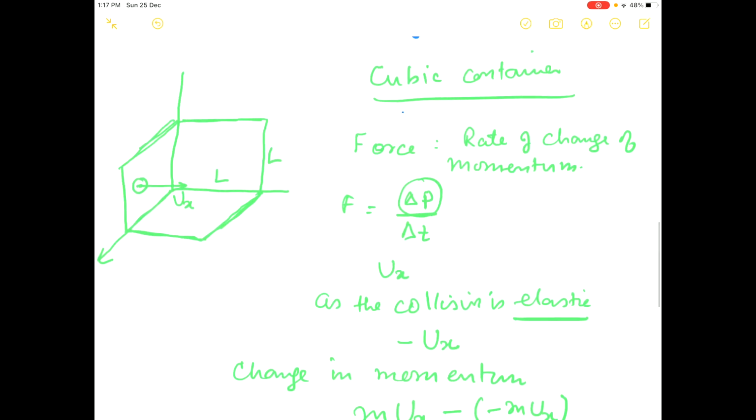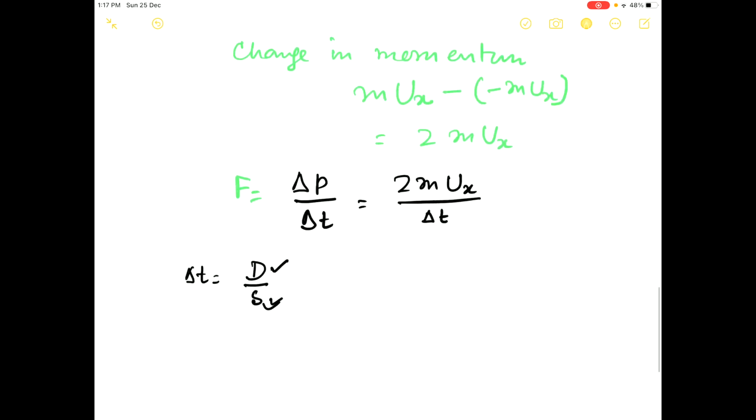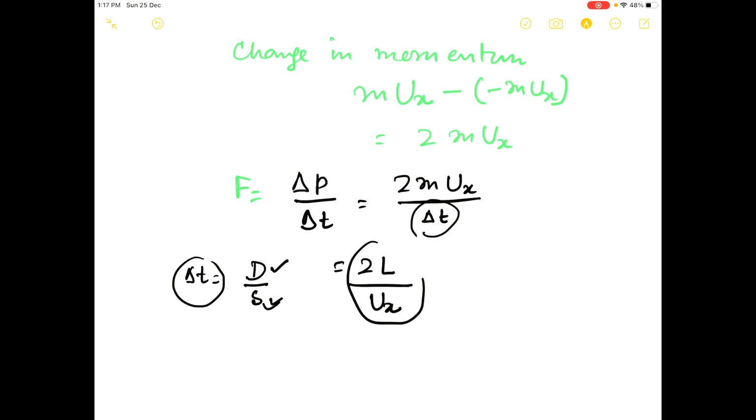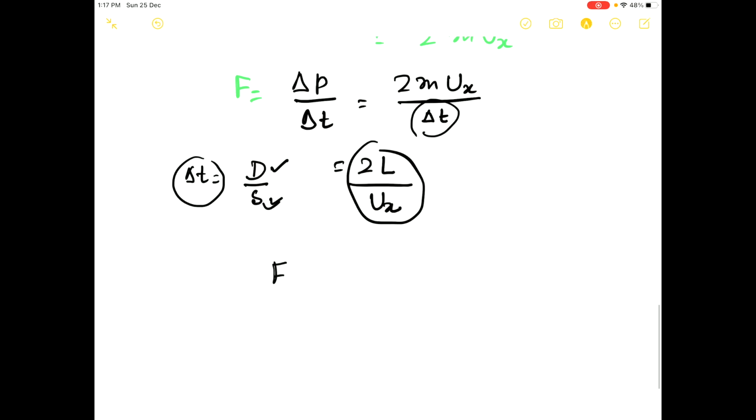The distance travelled between two collisions is L and again L, so it is 2L, and the speed of the molecule is ux. Replacing delta T, F is equal to 2mux divided by 2L into ux.